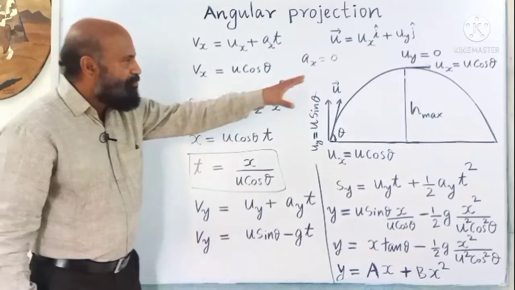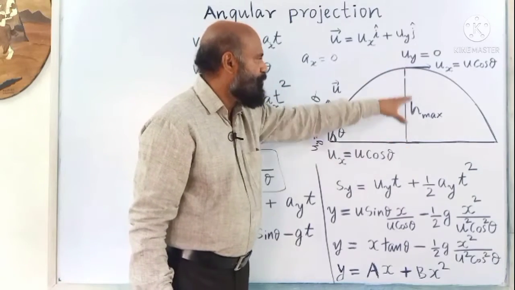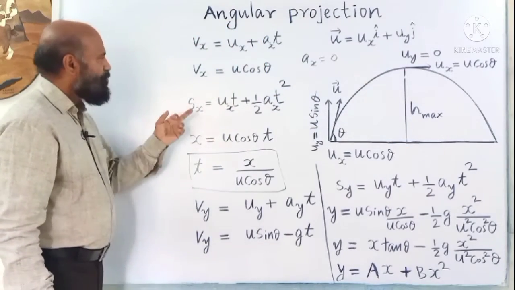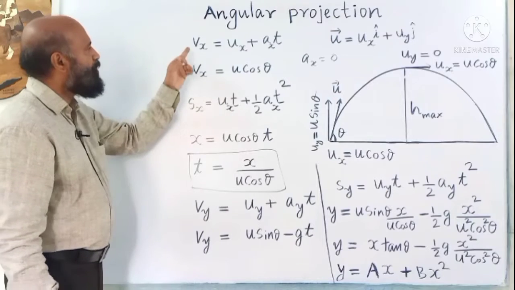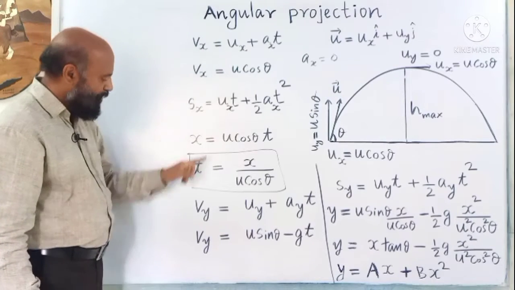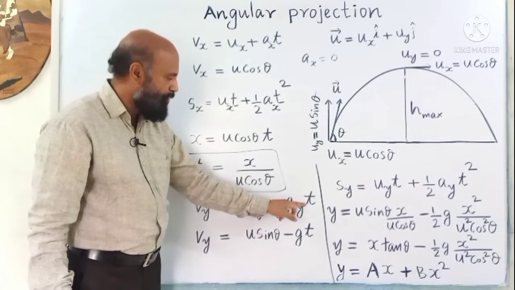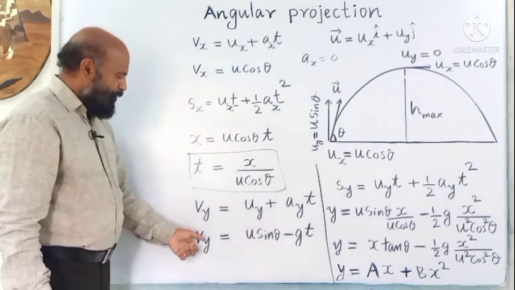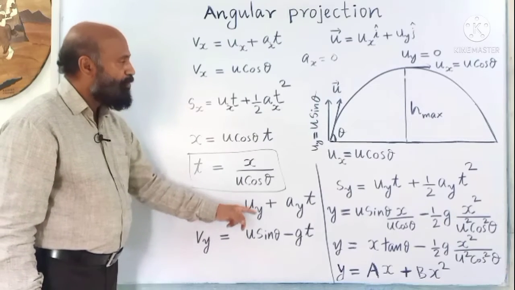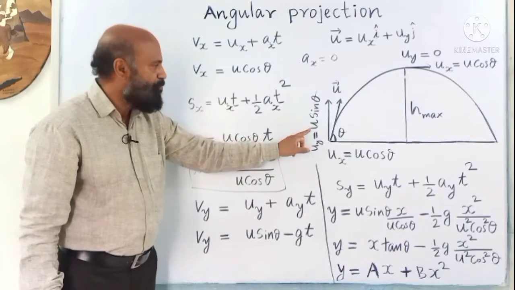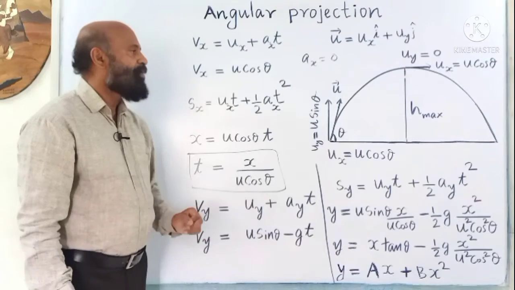Next let us consider vertical motion. Instead of vx we can write vy is equal to uy plus ayt. Initial velocity in the vertical direction is u sin theta.